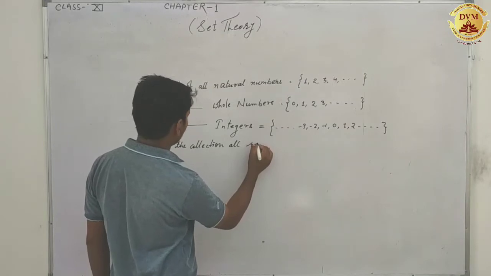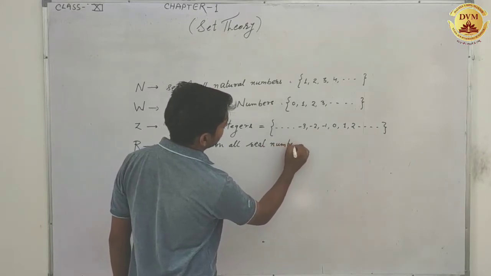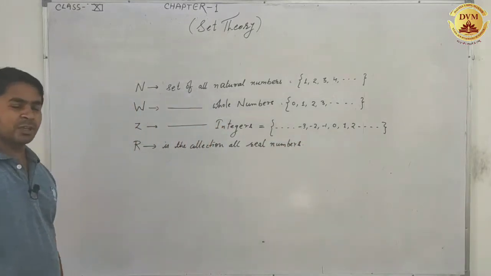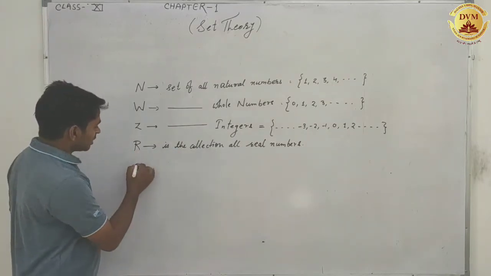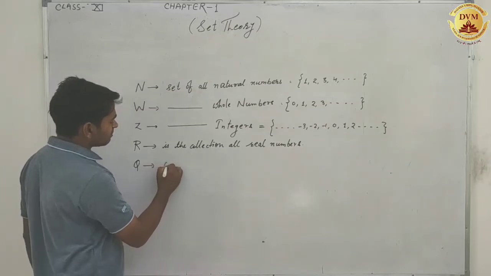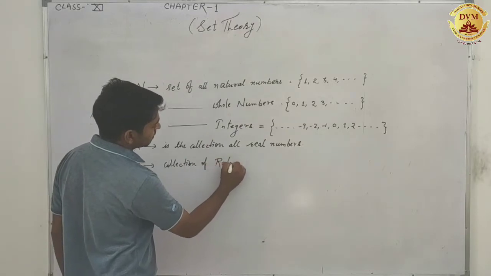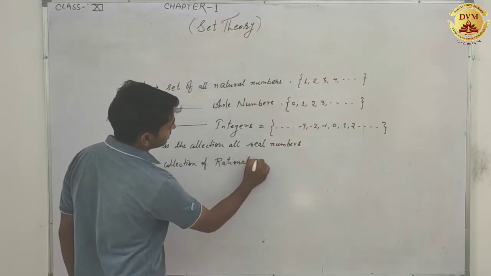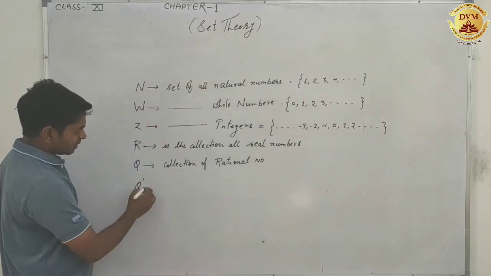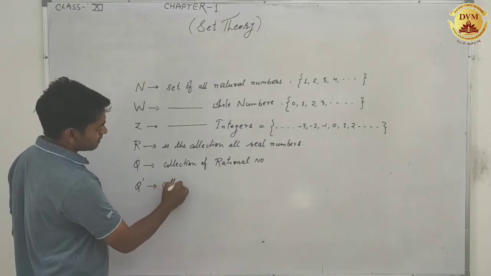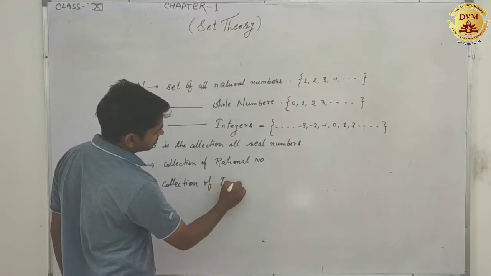The set of real numbers is denoted by capital R, and Q denotes the collection of rational numbers, and Q dash denotes the collection of irrational numbers.